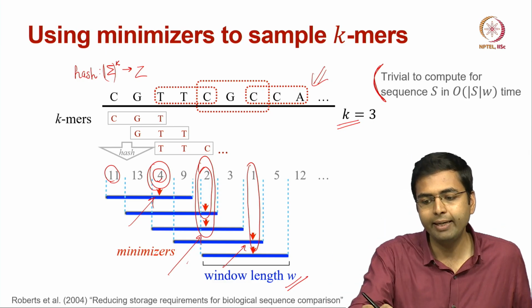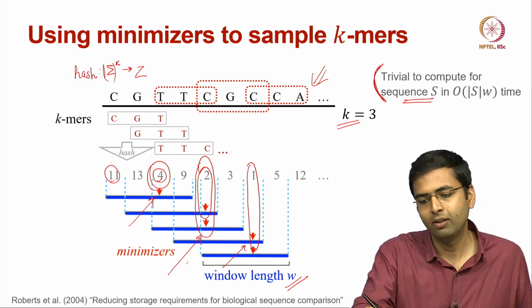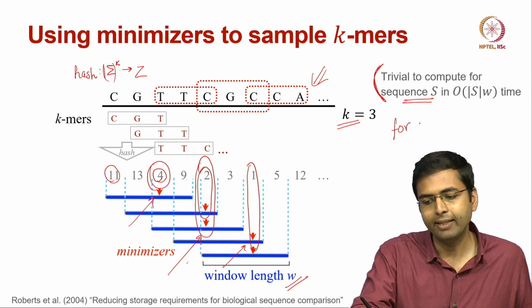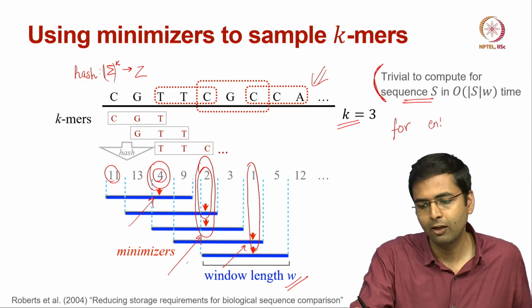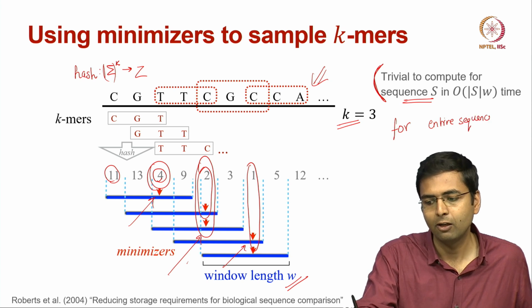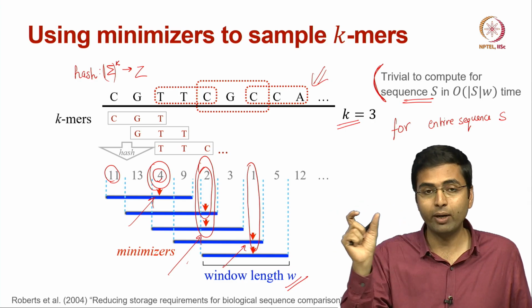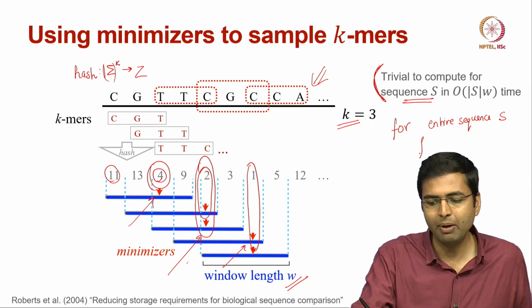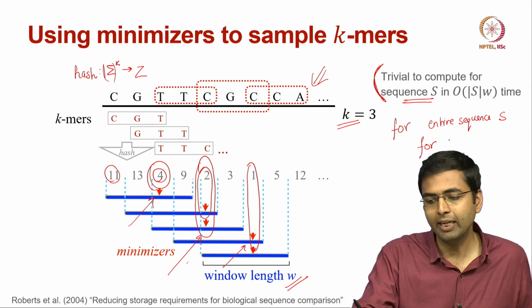If I am considering sequence S, then I will run a for loop over the entire sequence S, because I am sliding this window one by one over the entire sequence, and then I need a second for loop to just pick the minimum in that window.